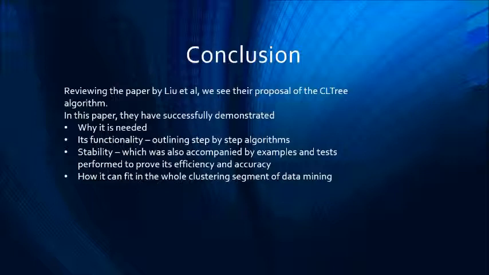They also show its stability, accompanied by examples and tests performed to prove that the algorithm is efficient and very accurate. They also pointed out how it can fit into the whole clustering segment of data mining, noting that it is not the best or the only algorithm to be used in clustering, but it can be used in conjunction with other algorithms as well.